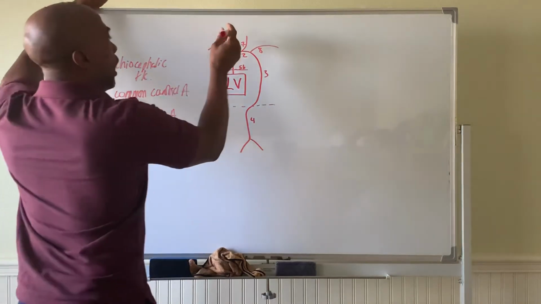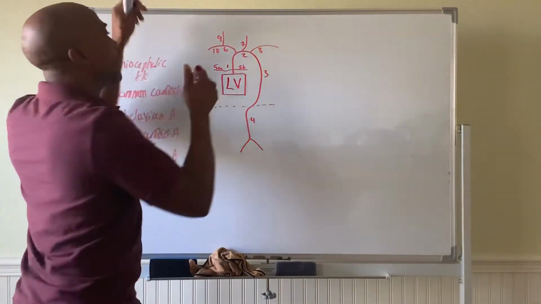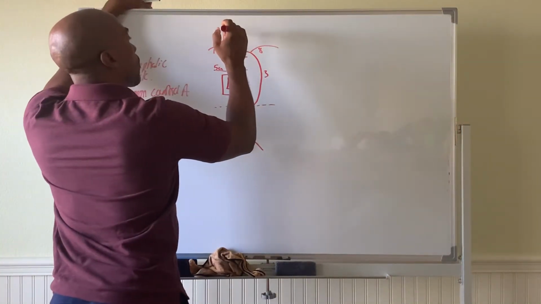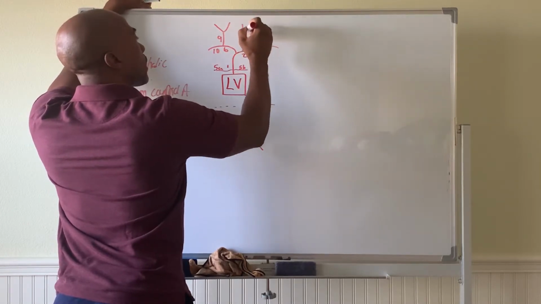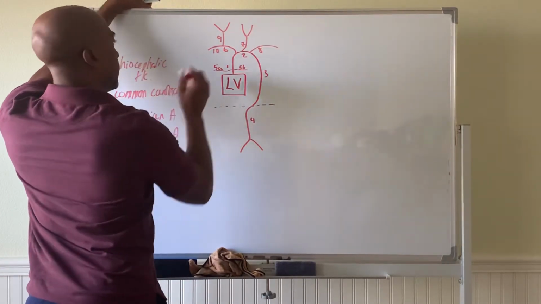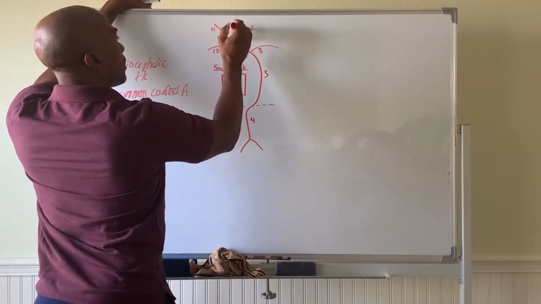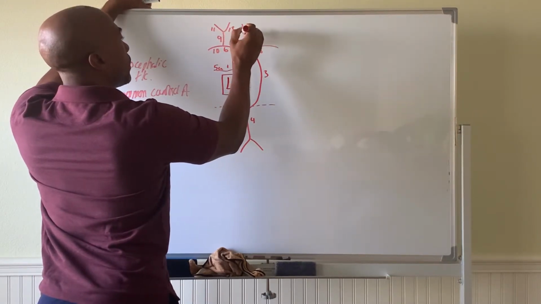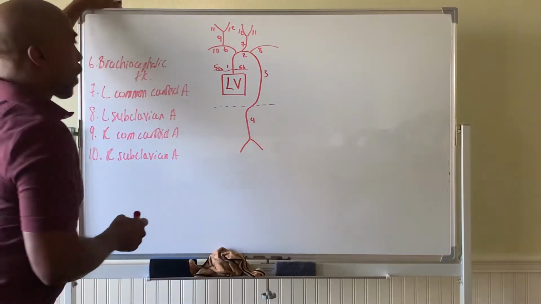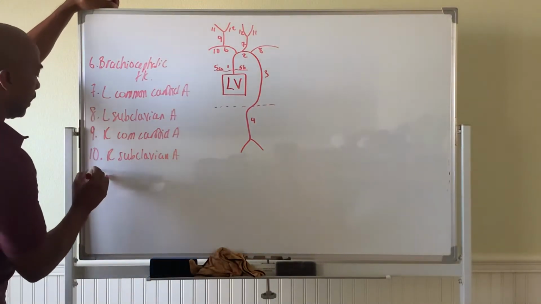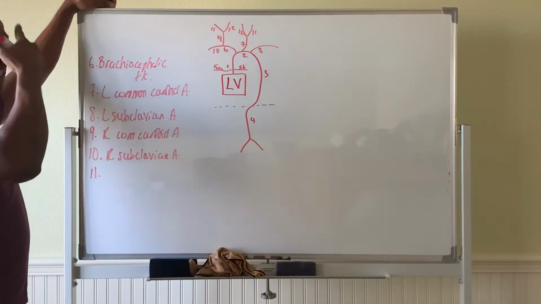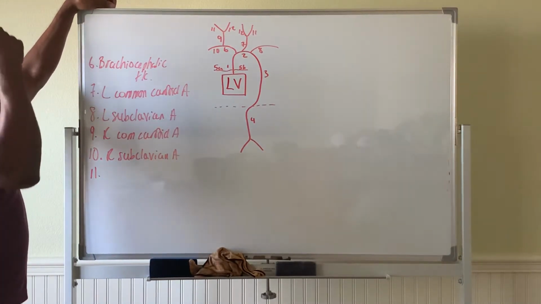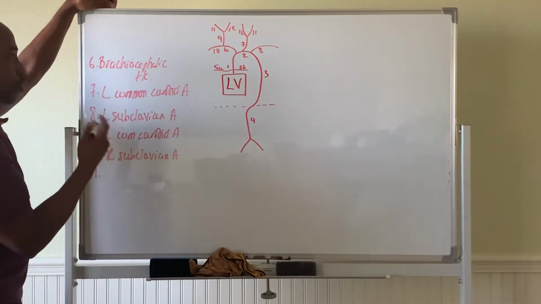Then as we continue up the neck on both sides, the common carotid arteries will branch like this. Okay, so let's call these 11, 12. The right and left versions of 11 run outside of the head to bring blood to your face structures, the external head structures.